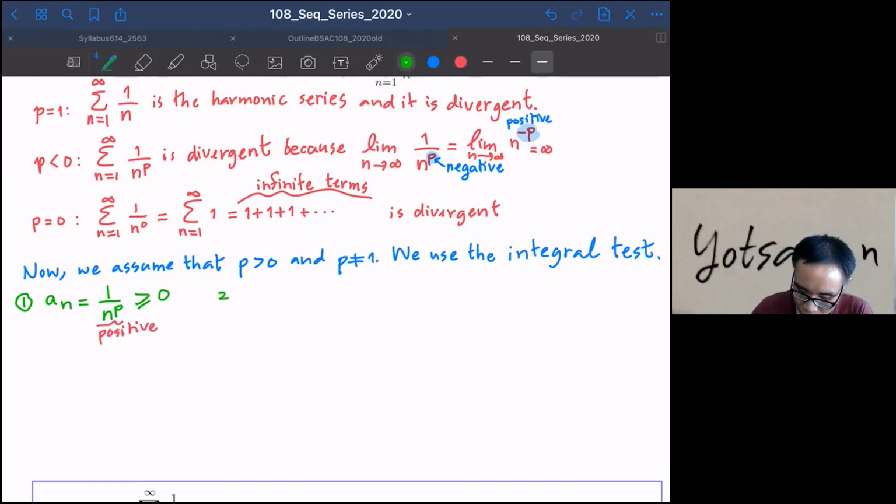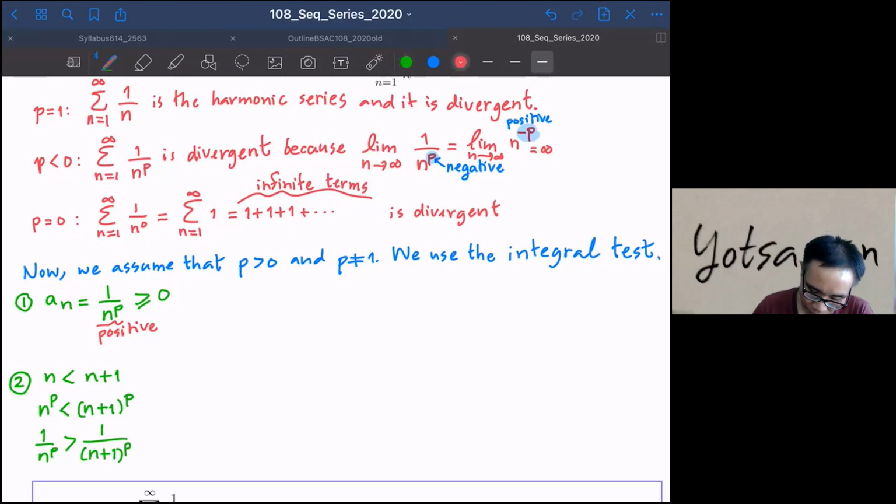Number 2, you're going to check for decreasing. You have n is less than n plus 1, so you get n to the p smaller than n plus 1 to the p, both positive. And you flip this, so you get 1 over n to the p higher than 1 over n plus 1 to the p.